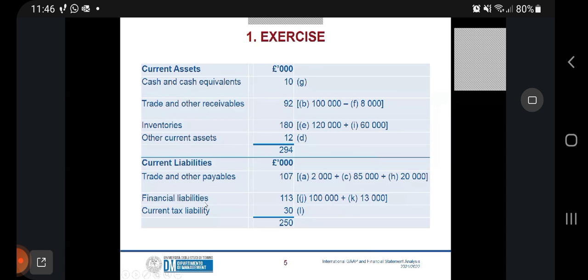Financial liabilities, there is 100 as the loan, and then the first charge of the lease contract for 13,000. All of them are financial liabilities. And then the last item is the current tax liability for 30. This was the solution.